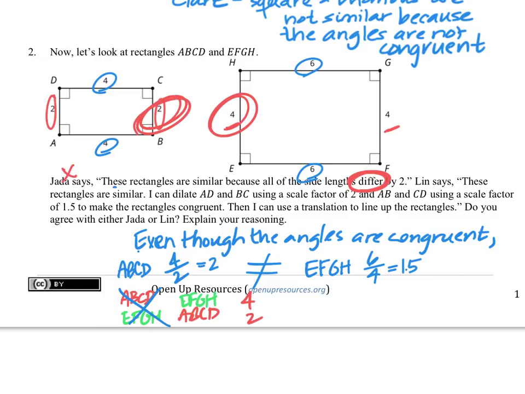And so that ratio equals 2, the scale factor that Lim was saying she had. But then if I look at the side length of 6 in EFGH, that divided by a corresponding side length of 4 is what doesn't match up, in terms of the corresponding sides not being proportional.